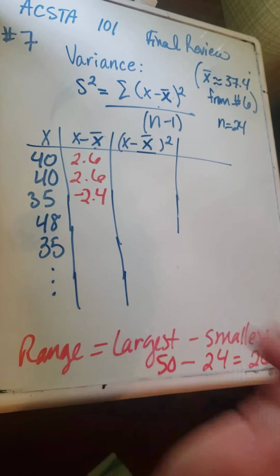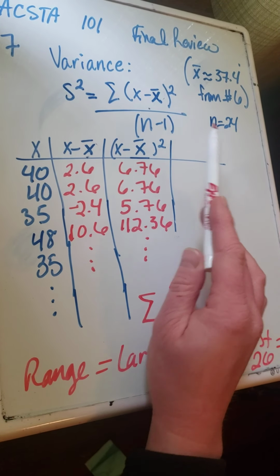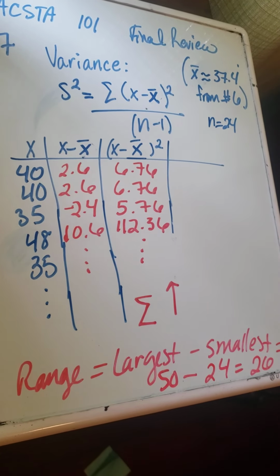To calculate the variance, what we need is the sum of this column, which is the x minus x bar squared. Then you divide by n minus 1. If n is 24, we would take 24 minus 1 and get 23.